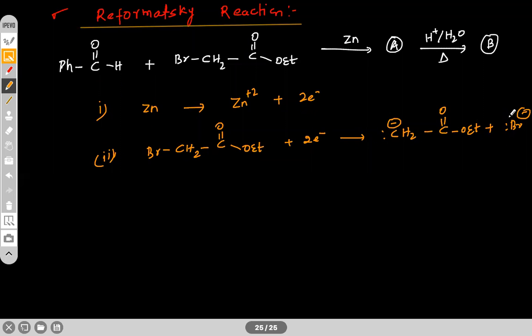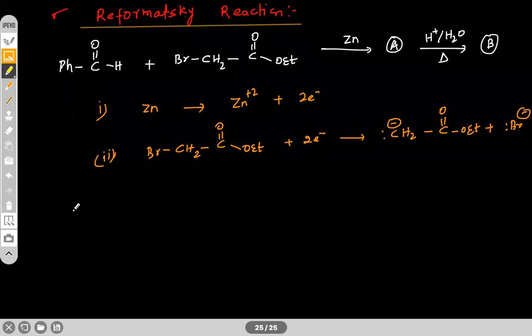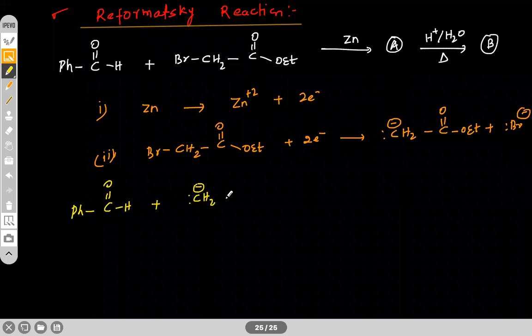After this, what happens? Could you tell me? So it'll attack at the carbonyl. Yes, you get a nucleophile and this nucleophile attacks onto the carbonyl carbon. So the reaction further is PhCHO plus CH2C(=O)OEt.